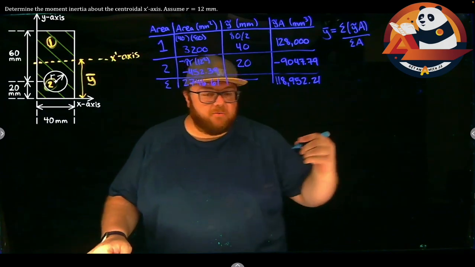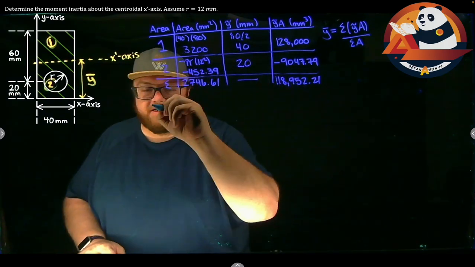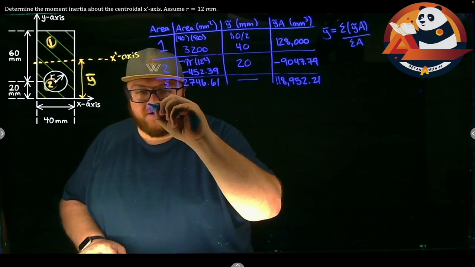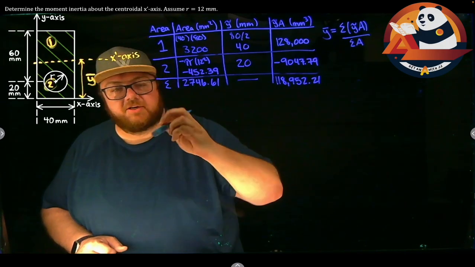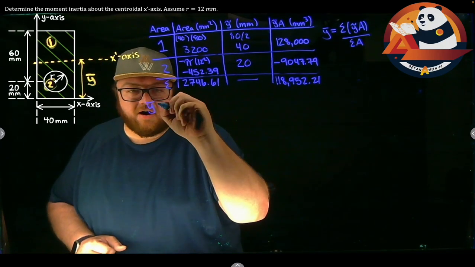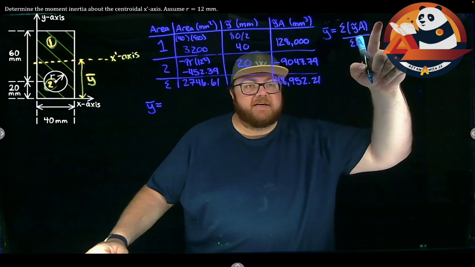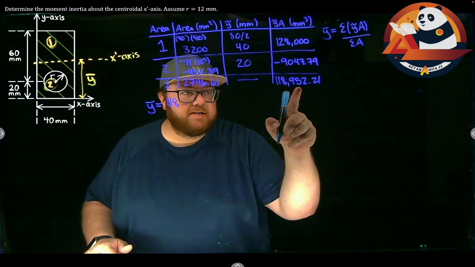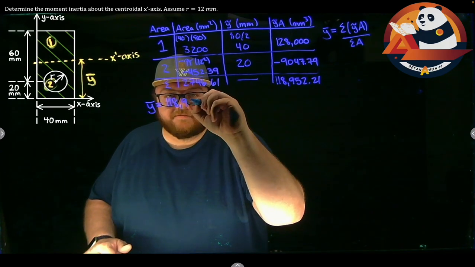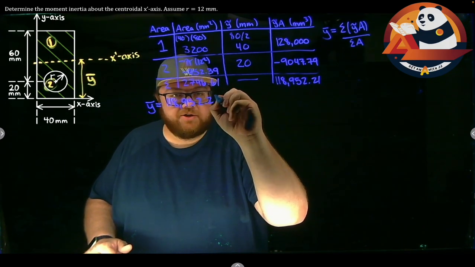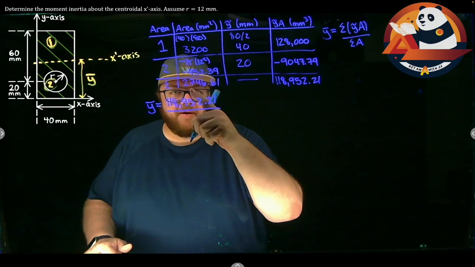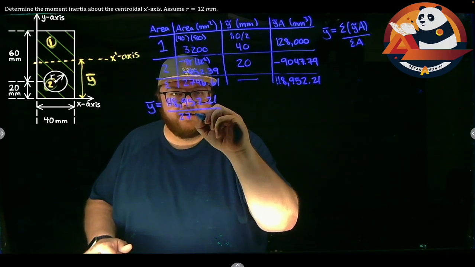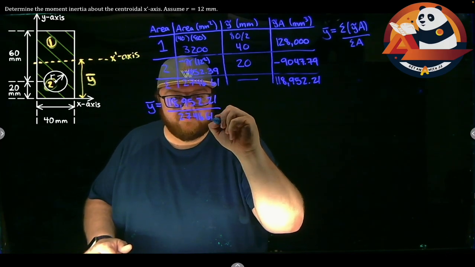That centroid, my y bar value, we wrote the equation down a minute ago, we're just using it now. Our y bar should be the sum of my y tilde a, 118,952.21, divided by my total area, 2,746.61.